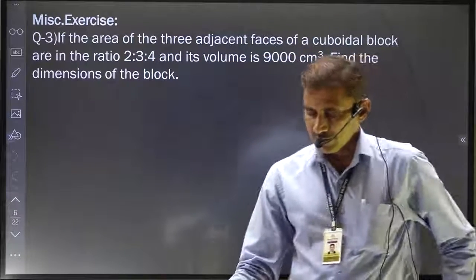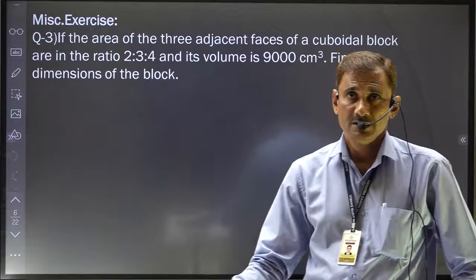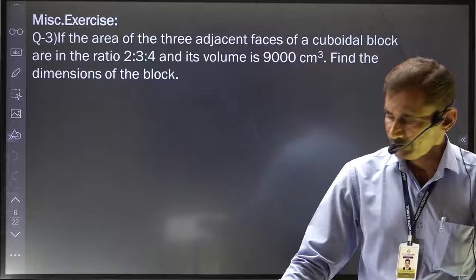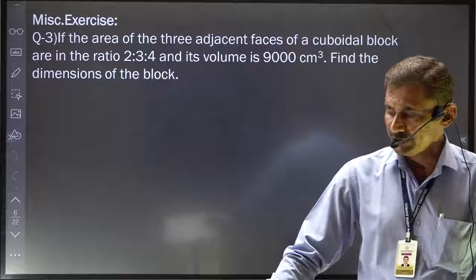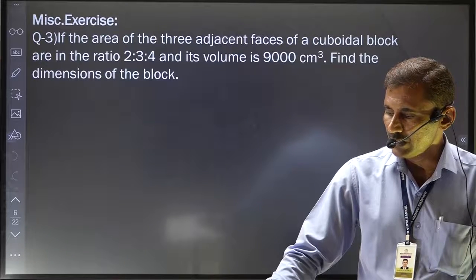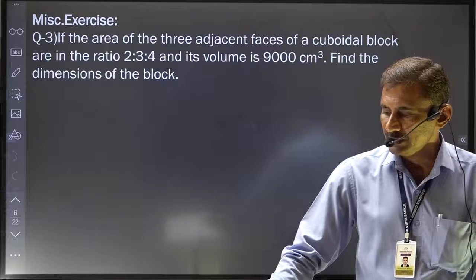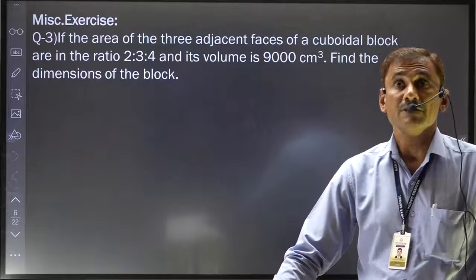So come again to page number 790. Whatever I am saying, accordingly you should open your textbook. 790, first question. What is given there? The areas of three adjacent faces of a cuboid are x, y, z. And if volume is V, then there is a relation between the areas of all three faces and the volume.